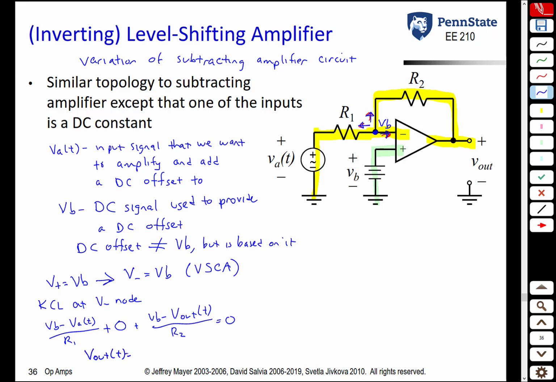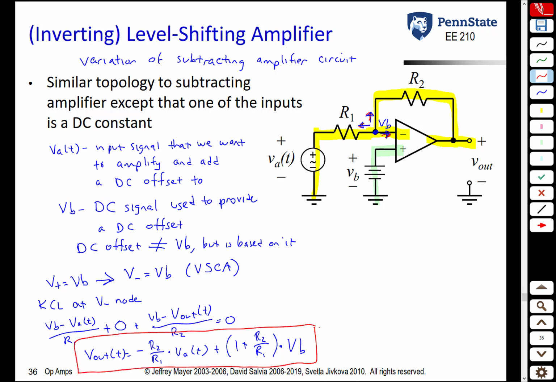V out of t is equal to negative R2 over R1 times VA of t plus 1 plus R2 over R1 times VB. This is our equation for the inverting level shifting amplifier.